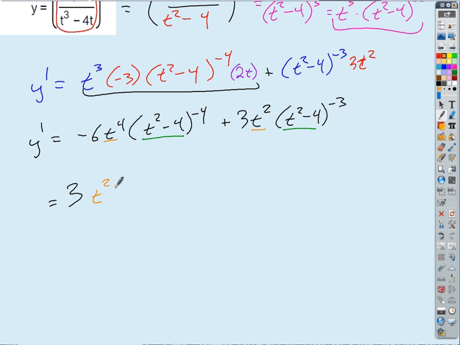What power of the t squared minus 4 are we taking out? What's smaller, -4 or -3? -4 is less, isn't it, right? So we'll take out a t squared minus 4 to the negative 4.